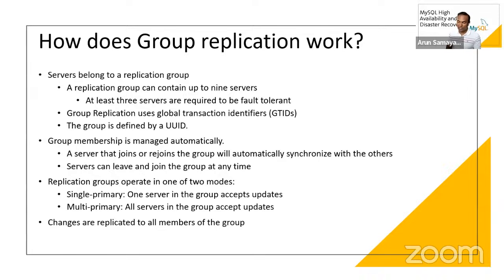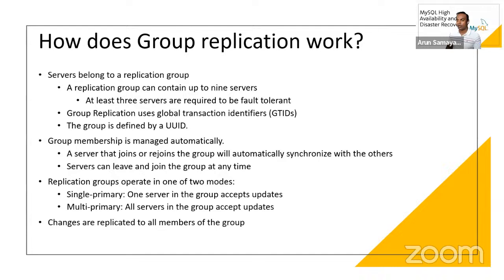The replication type that we use here is GTID based replication, which we refer to as global transaction identifier replication. There are other types of replication too, but for InnoDB cluster to work, we need to make sure we use the global transaction identifier based replication.